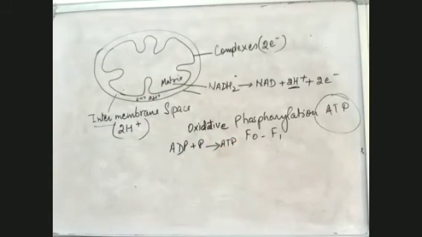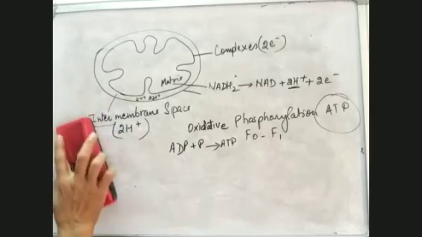This is what happens. Now, when we see the balance sheet, I told you 38 ATPs are formed, and out of those 38 ATPs, 2 are utilized for transferring the pyruvic acid from the cytoplasm to the mitochondria. Now, in the balance sheet there are three processes which we will take.